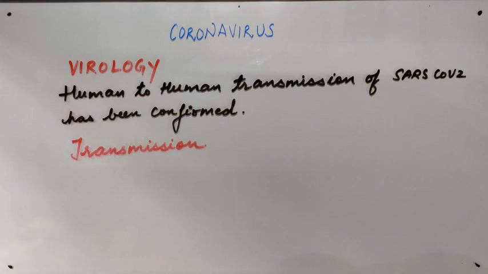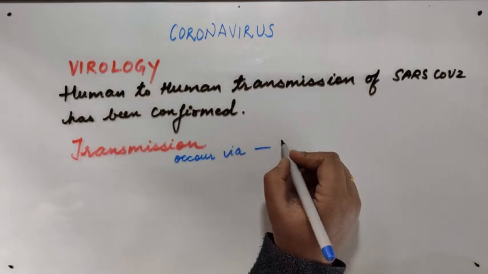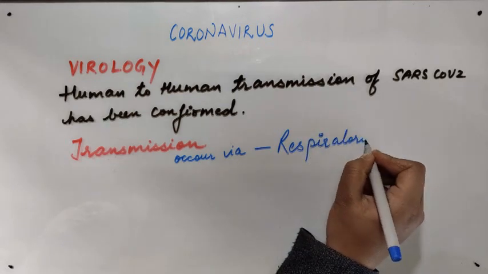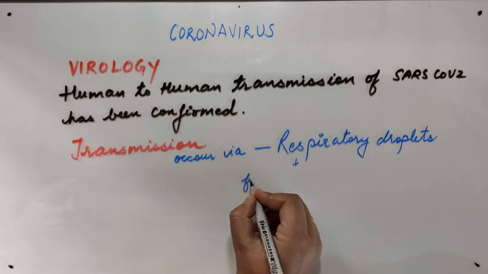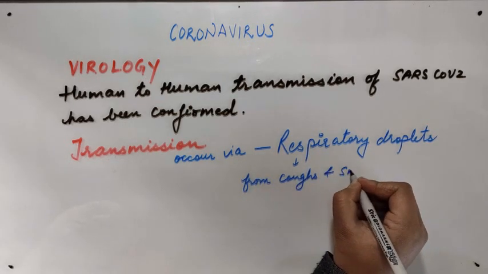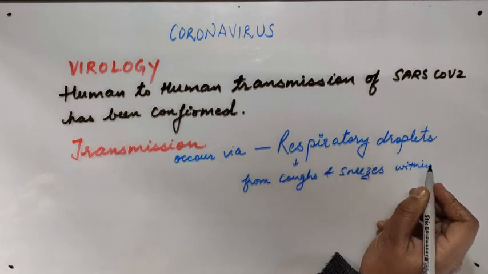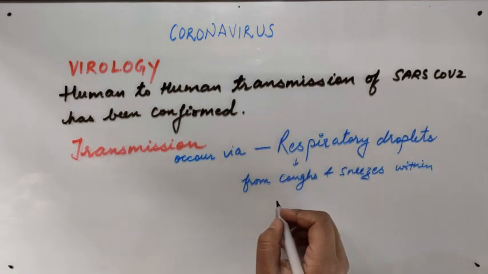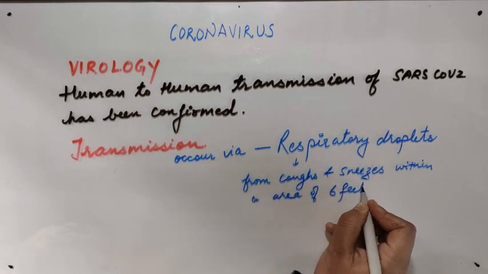Since COVID-19 is a droplet infection, thus the transmission occurs by respiratory droplets, that is from coughs and sneezes of the infected person within a range of 6 feet.